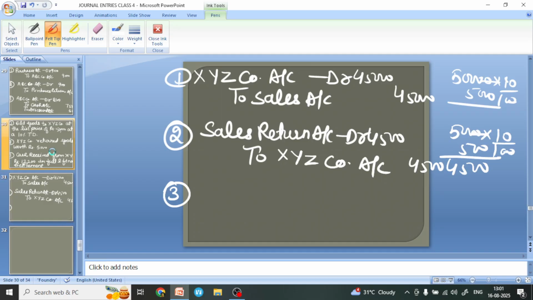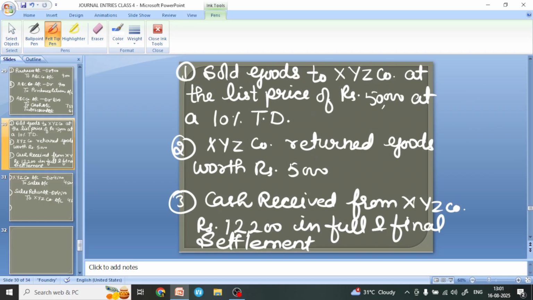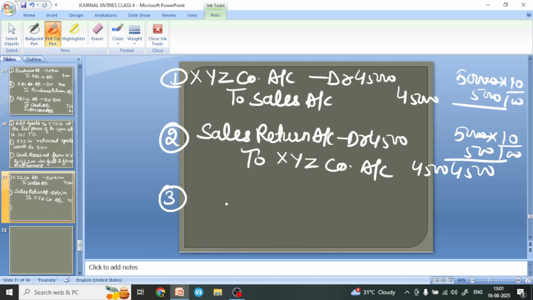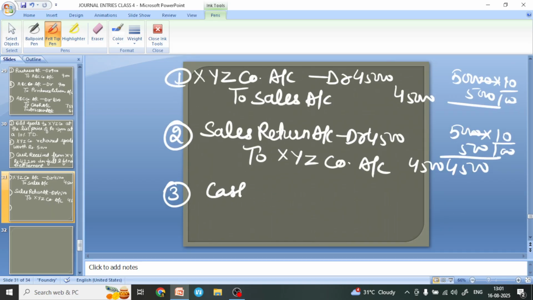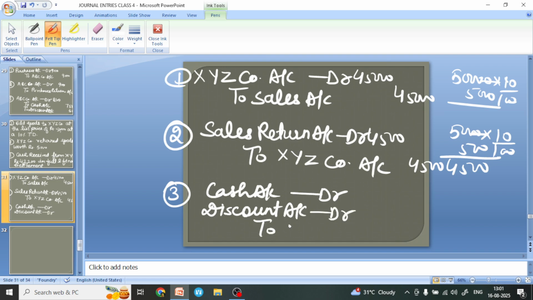And third, cash received, cash account debit, discount account debit to XYZ company.